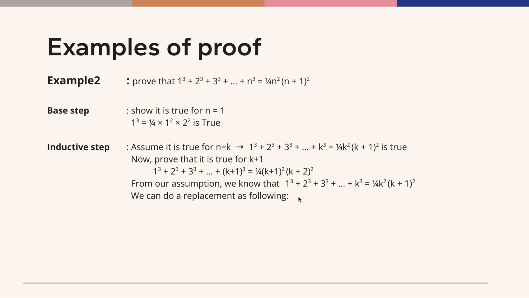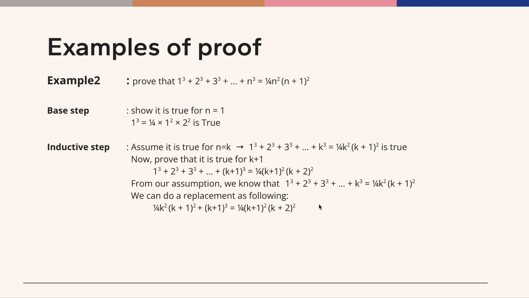And what we get is this, because we are replacing 1 over 4 k squared multiplied by k plus 1 squared into this one, and we'll get this. This one is still the same, and this one is still the same as well.